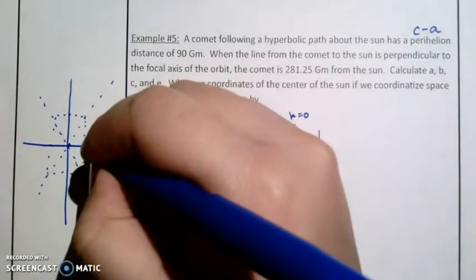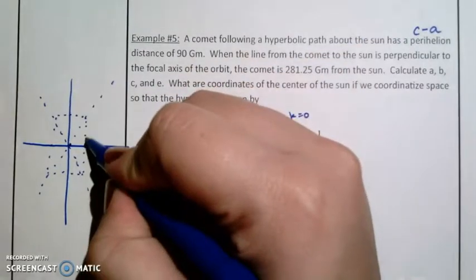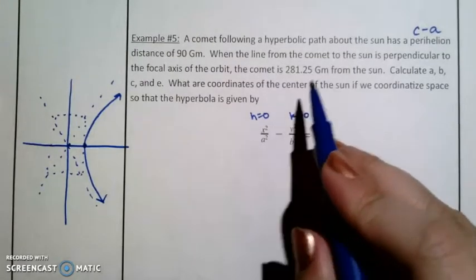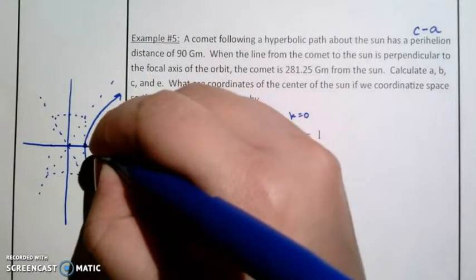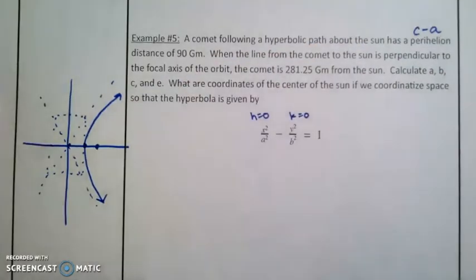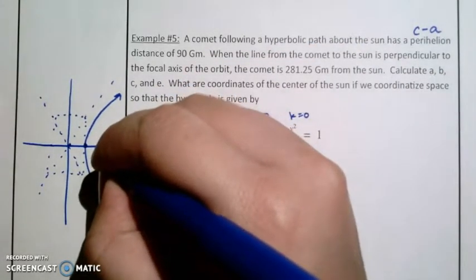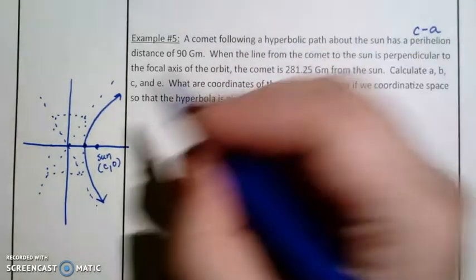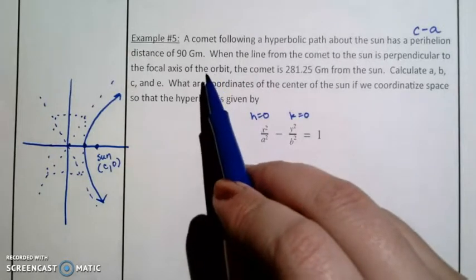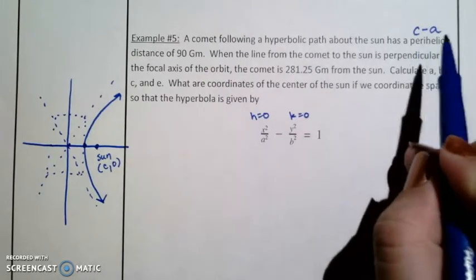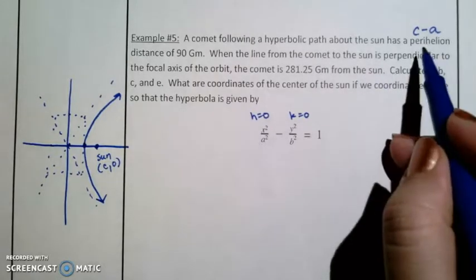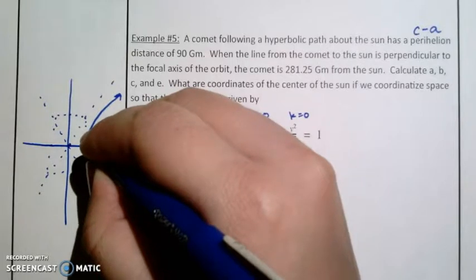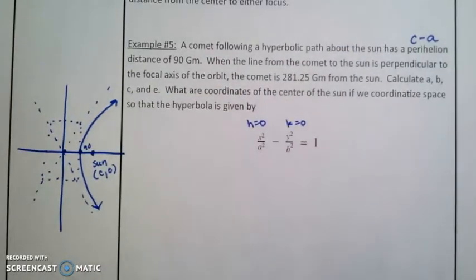And I know that x is my transverse axis, so it's going to look something like this, where the Sun is the focus of this arch of the hyperbola. So here's the Sun at the coordinate c, 0. And what we know is that the distance between the Sun and the hyperbola is 90 gigameters. So this distance right here is 90.